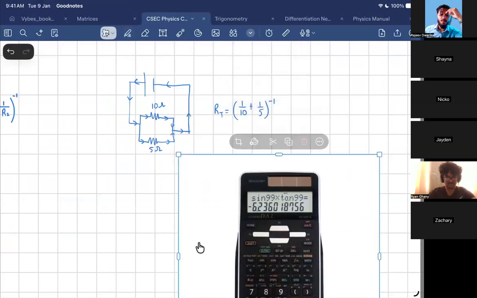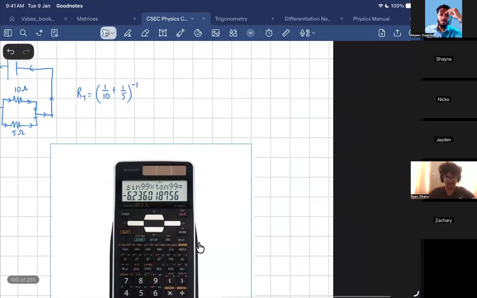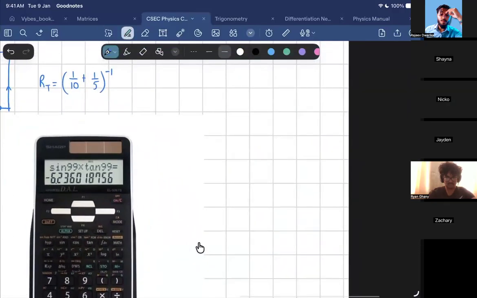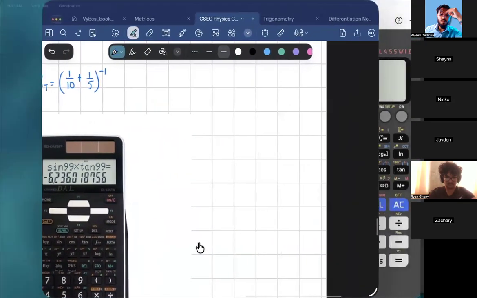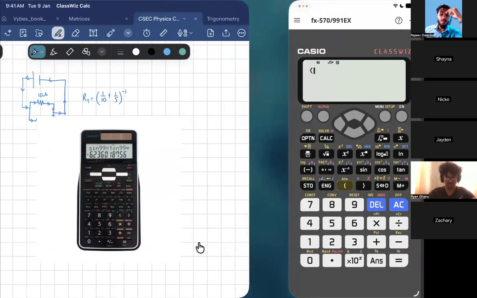Right, so people with the Sharp, what you have to do in the calculator, stay with me. You're gonna open a bracket, open another bracket, press 1, press divided by 10, close bracket.